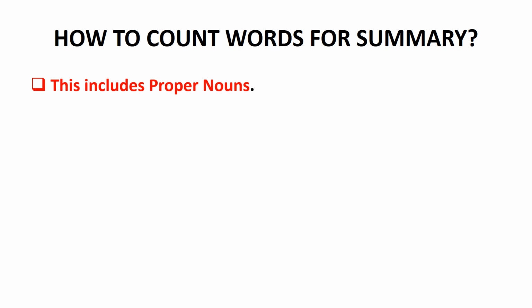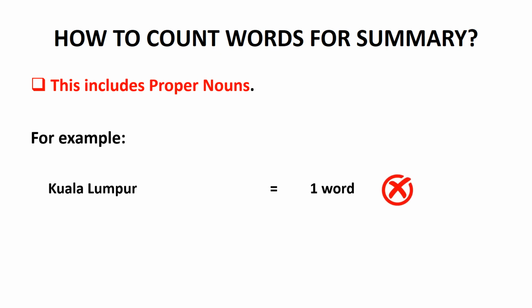Okay, so I said earlier, each word is counted as one. This includes proper nouns. For example, Kuala Lumpur. Kuala Lumpur is considered as one word. Is it? No. That is in Bahasa Melayu. In Bahasa Melayu, Kuala Lumpur is one word.